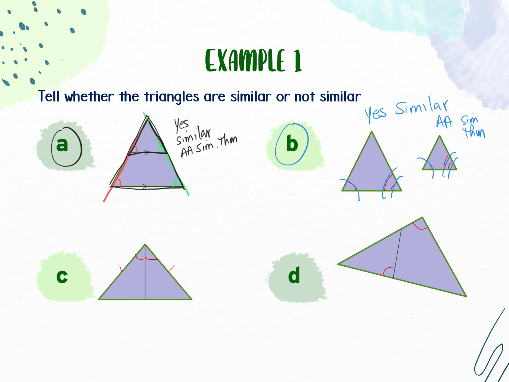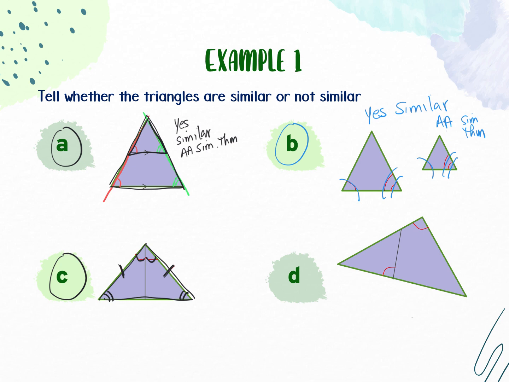In C, it calls to mind another skill. Now I'm looking at it, and they're telling me that this small angle here is congruent to this angle there. Okay, so I've got one angle. Now, they're showing me that those two sides here are the same. And if I just look at this big outer triangle, I know that the big outer one is an isosceles triangle, which means that the base angles have to also be congruent.